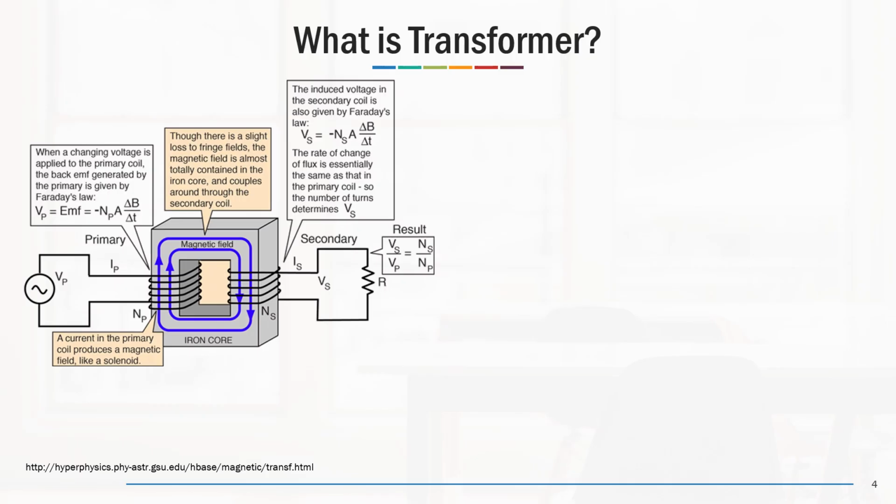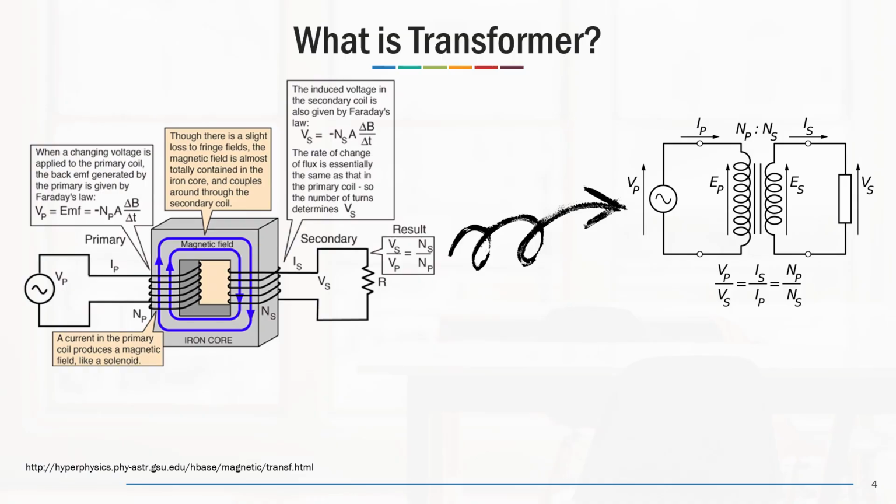So we have a core, and the flux goes through this core and is received by the secondary, because the EMF is equal to N A dB/dt, and exactly the same thing is received in the secondary. If we divide these two equations by each other, we get that the voltage in the secondary divided by the voltage in the primary is equal to the ratio between the number of turns.